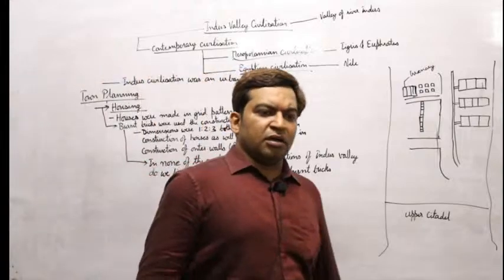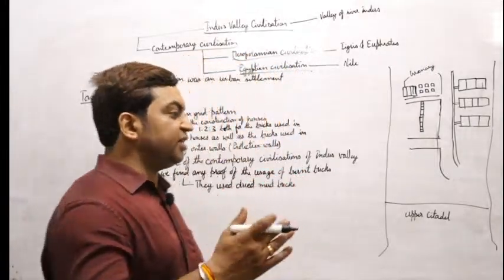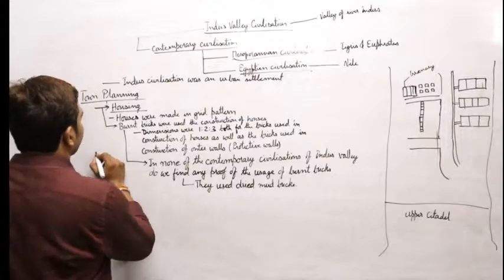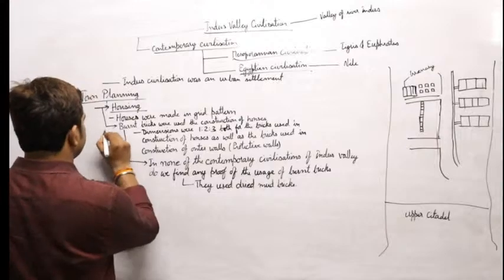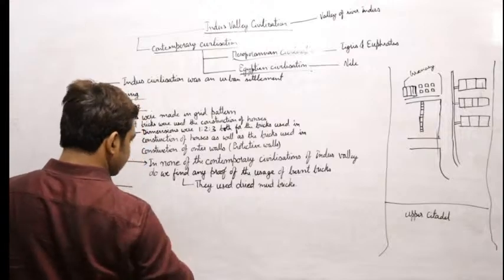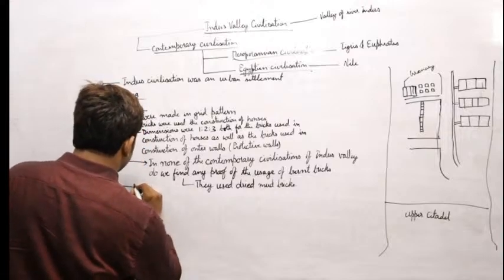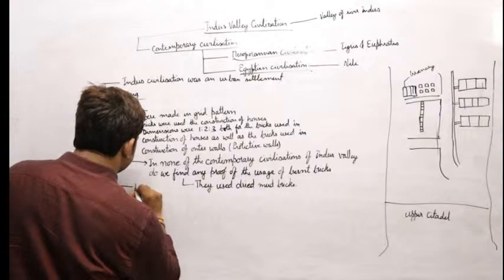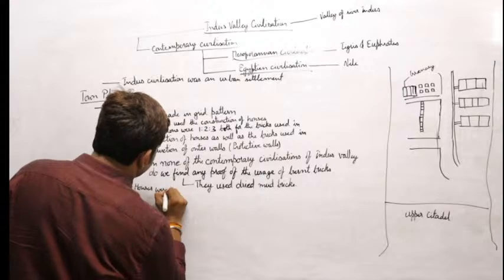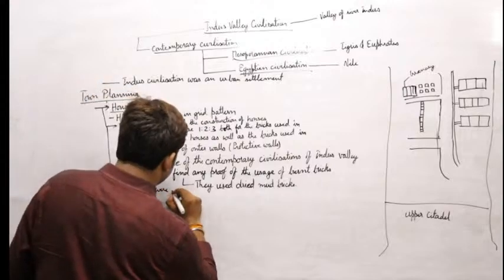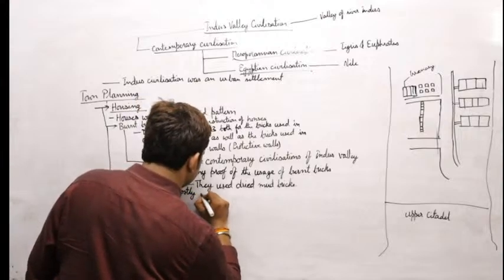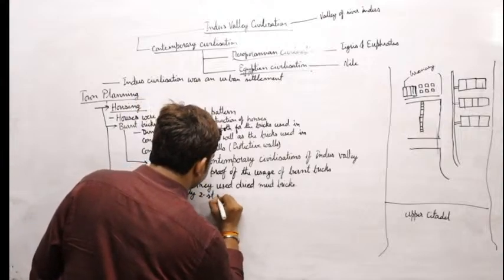Now, another remarkable feature which we see to date as well, I mean the common houses: houses were mostly two-storied.